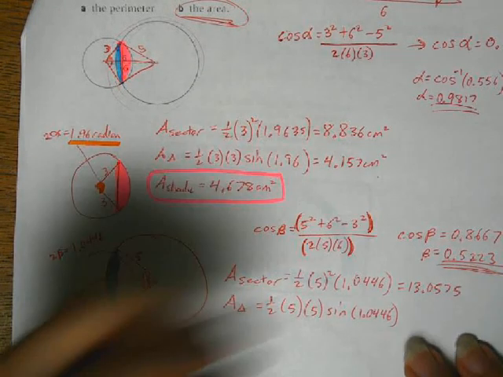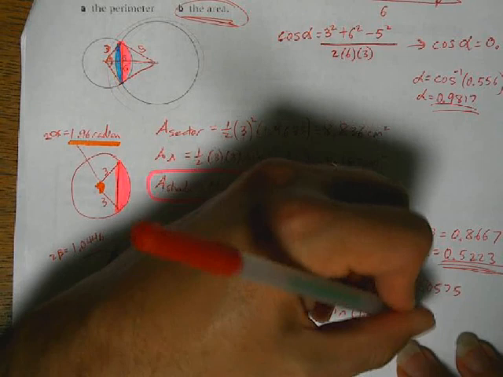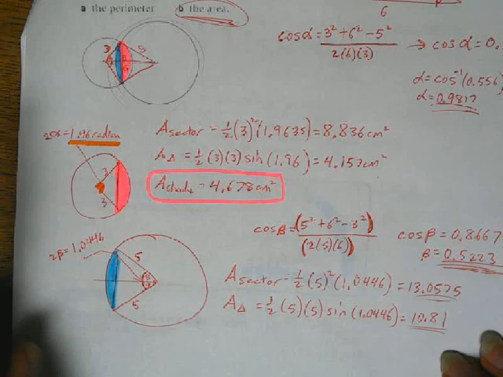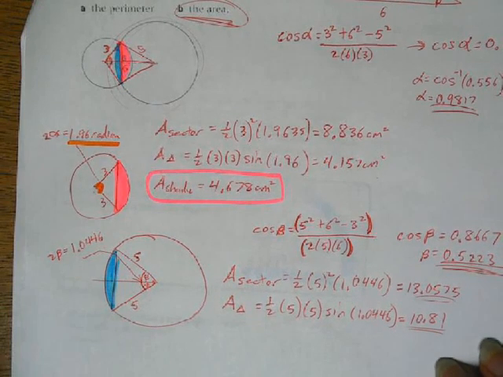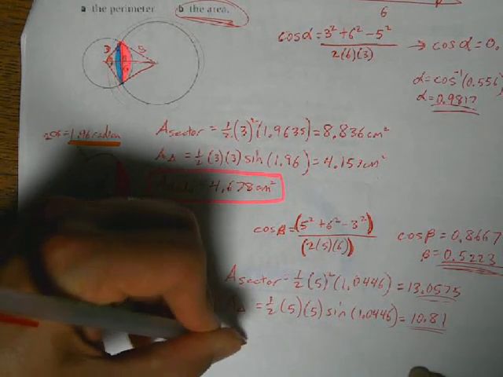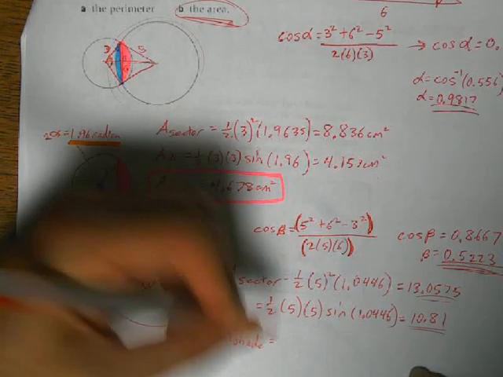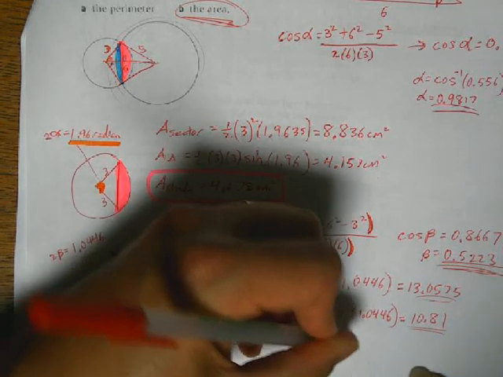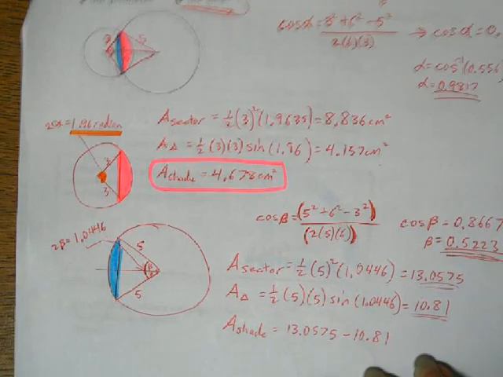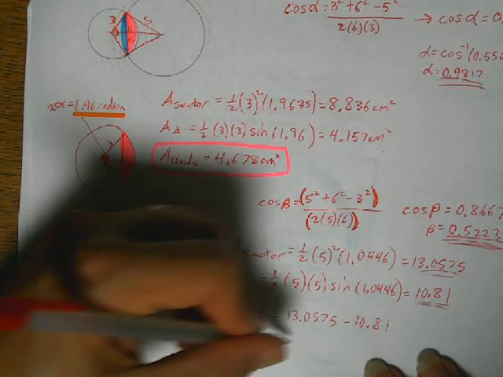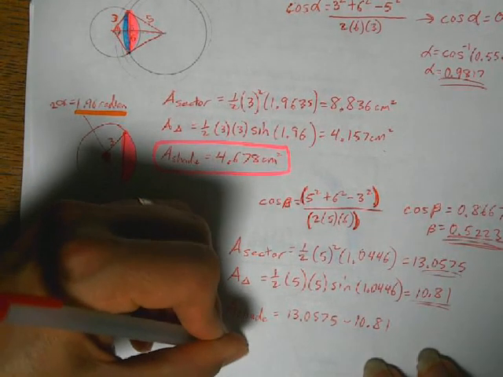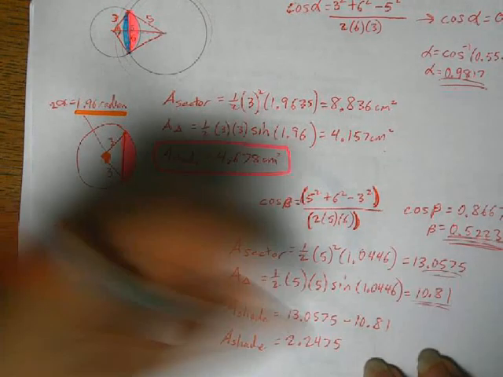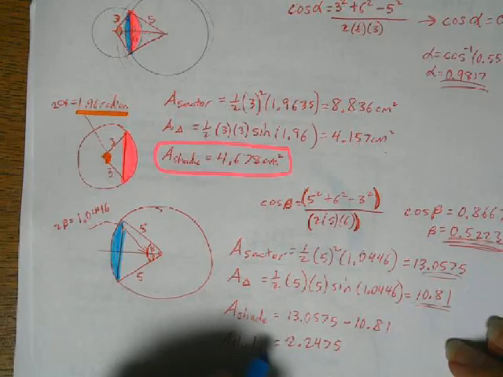If I plug that into my calculator, I get 10.81. So to find this shaded area, I'm going to subtract the two: 13.0575 minus 10.81 gives 2.2475. So that's this blue area shaded.